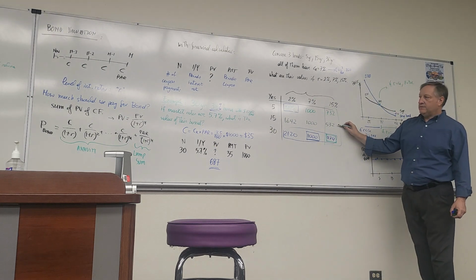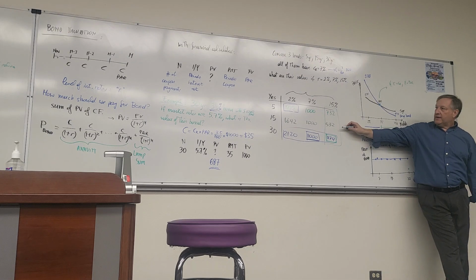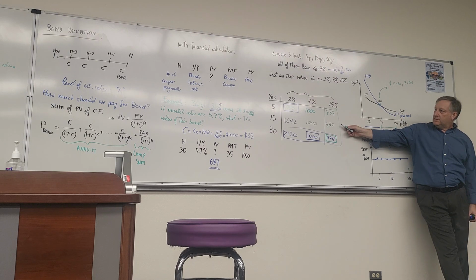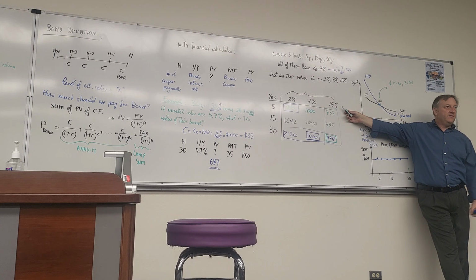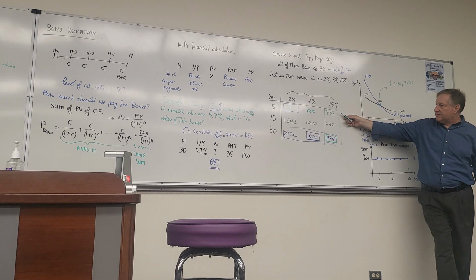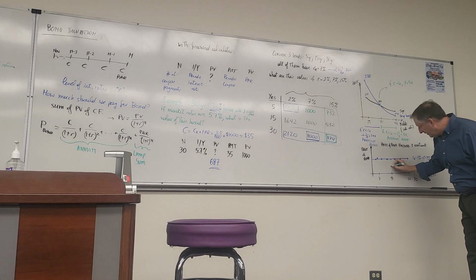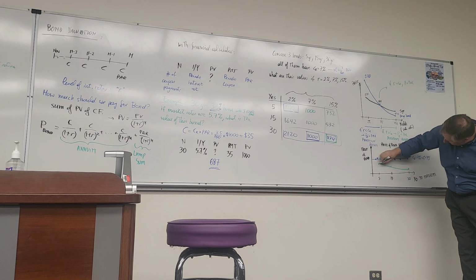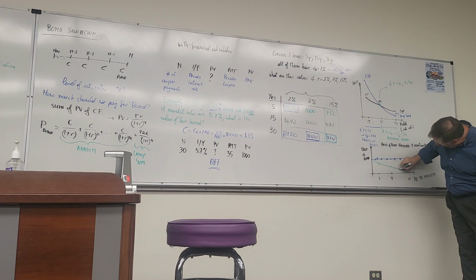Wait 15 years, the market interest rates don't change, and the value of this bond is now 532. Wait 10 more years, holding market interest rates still at 15%, the value of this bond is going to be 742. So this bond is experiencing a slight appreciation in value over time.